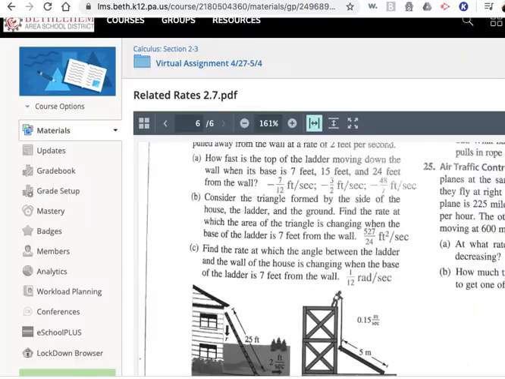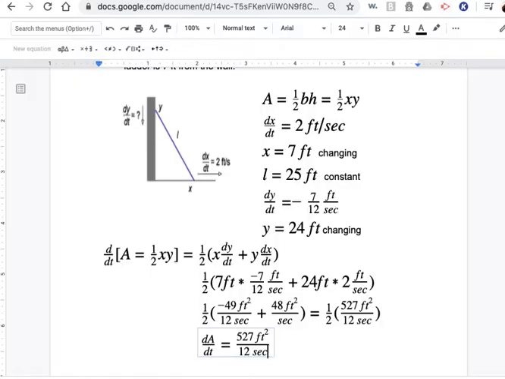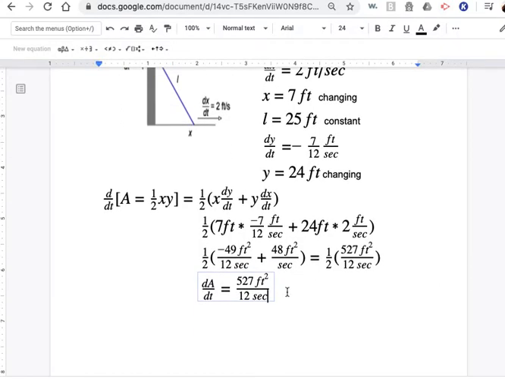And if we jump back here, we should be able to look and see what the correct answer is. Here it is, 527 over 24 feet squared per second. So we do have the correct answer there.